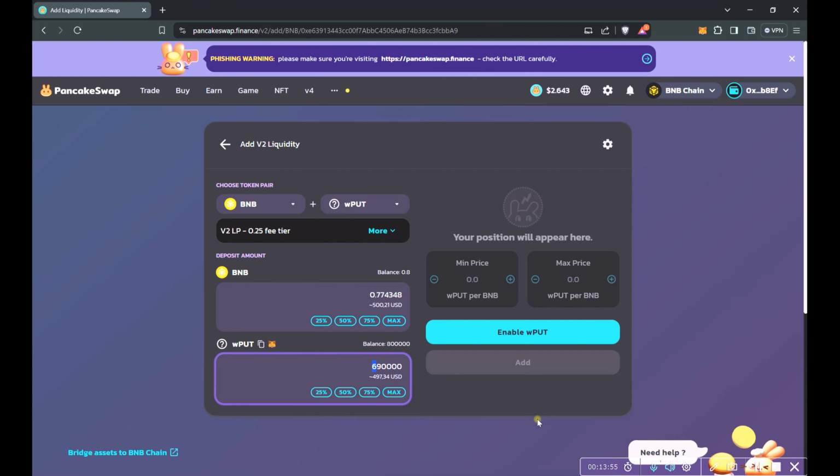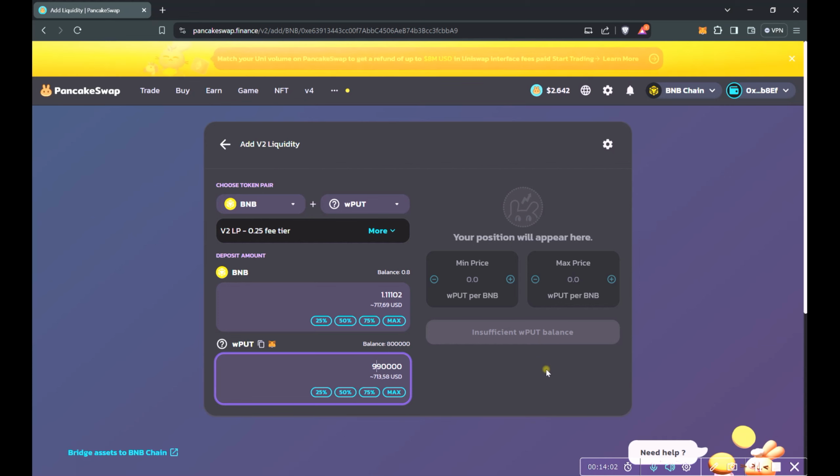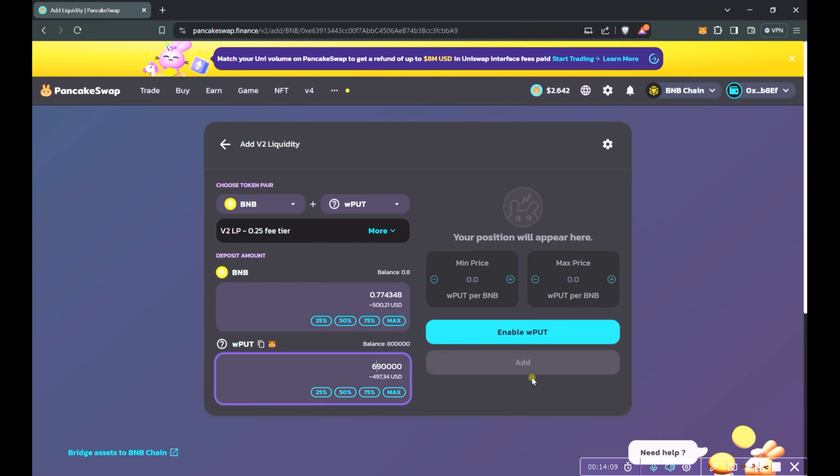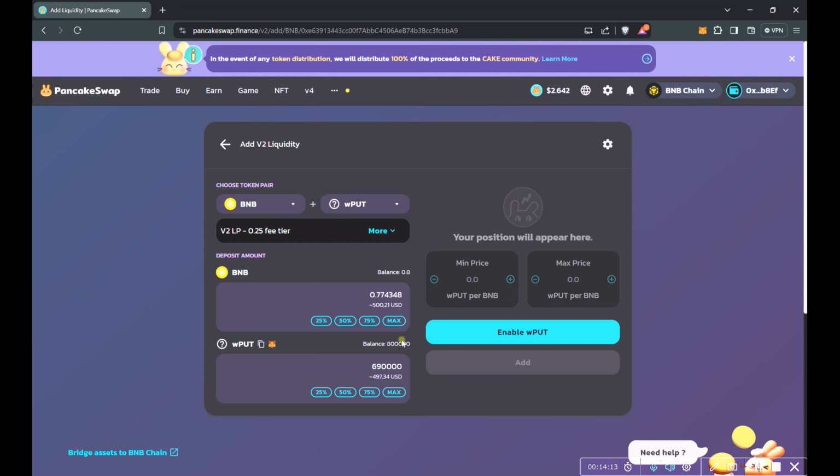Let's try to enter 900,000. And you see here it changes to insufficient W Put balance. So that's not what we have got, and that's not what we can provide. So we change it back to 690,000, and it's really about $500. We made a good guess.